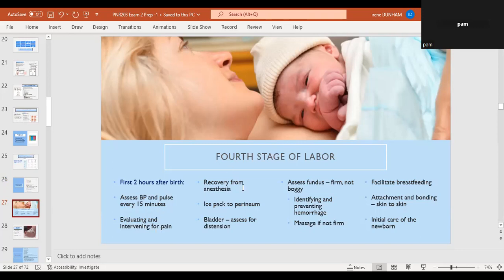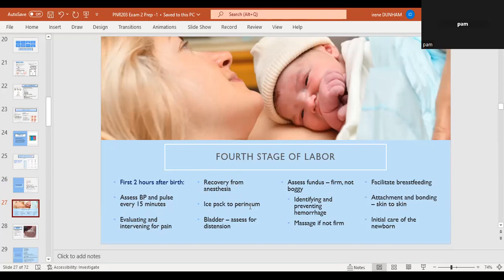And she's recovering from anesthesia, from either epidural. If you got an epidural, folks, you don't get your patient up right away. You have to assess if she's able to get up and hold herself up. So you're going to be testing to see what kind of feeling and sensation she's getting back.